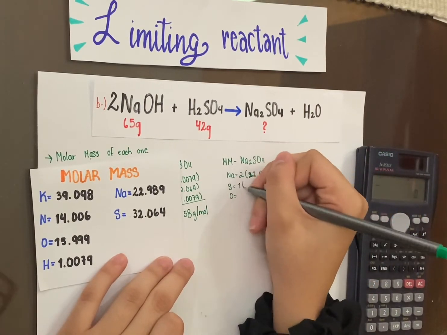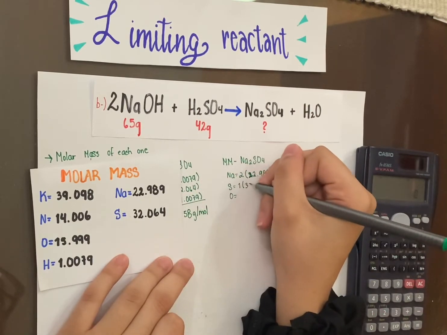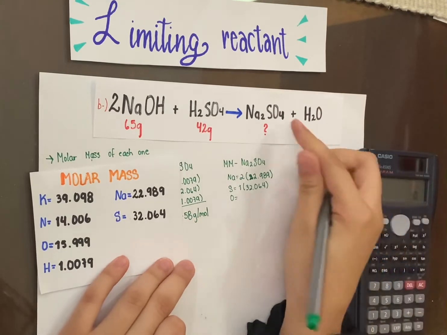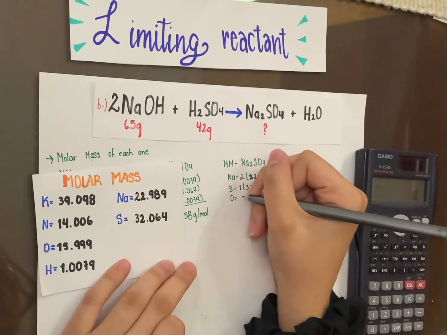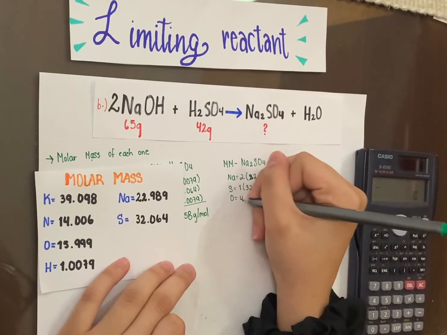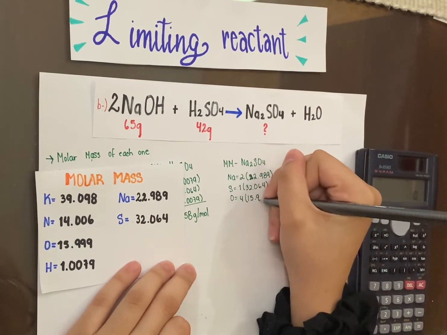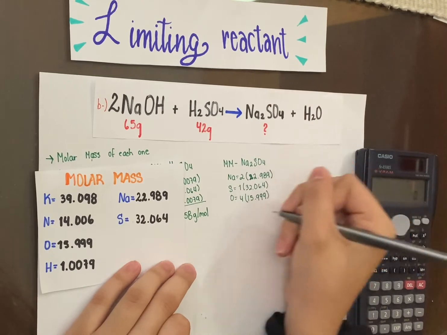Sulfur has 1, and sulfur is 32.064, and oxygen has 4 and has 15.999.